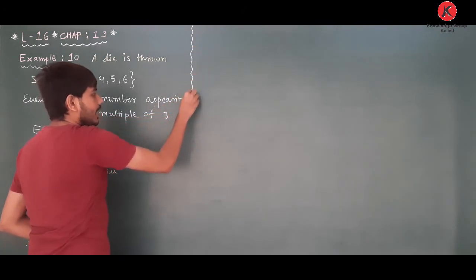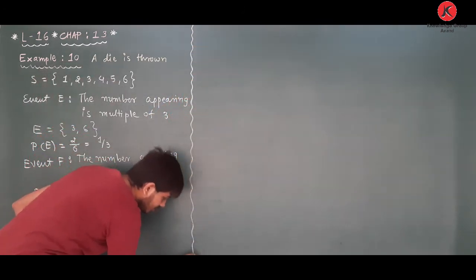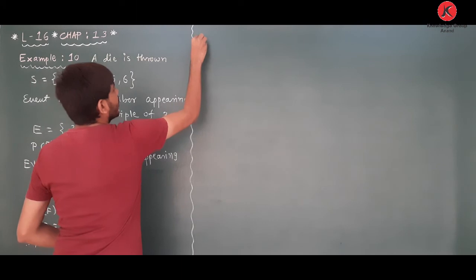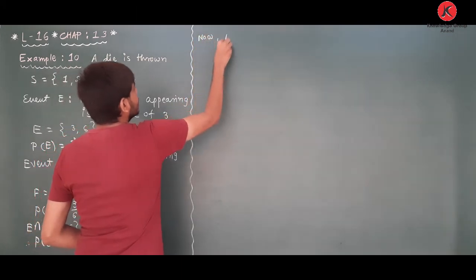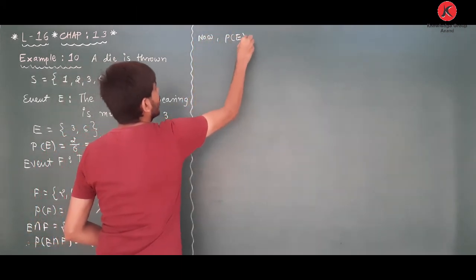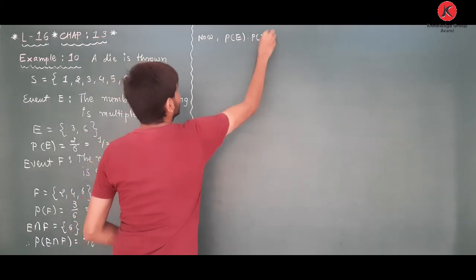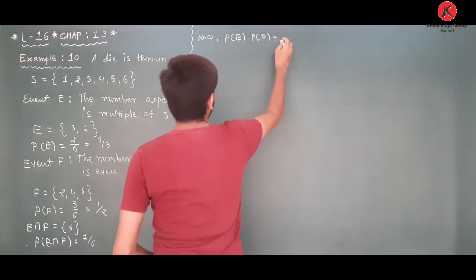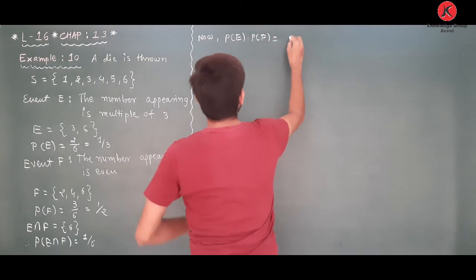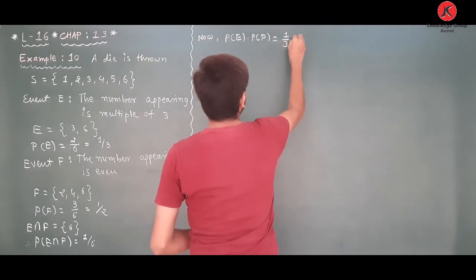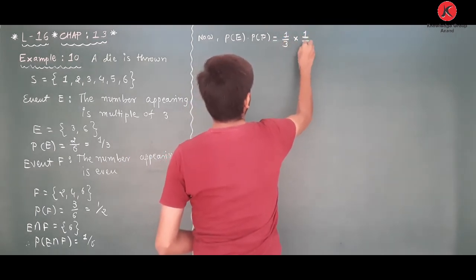Now check the multiplication of probability of E into probability of F. The probability of E is 1 by 3 and the probability of F is 1 by 2.